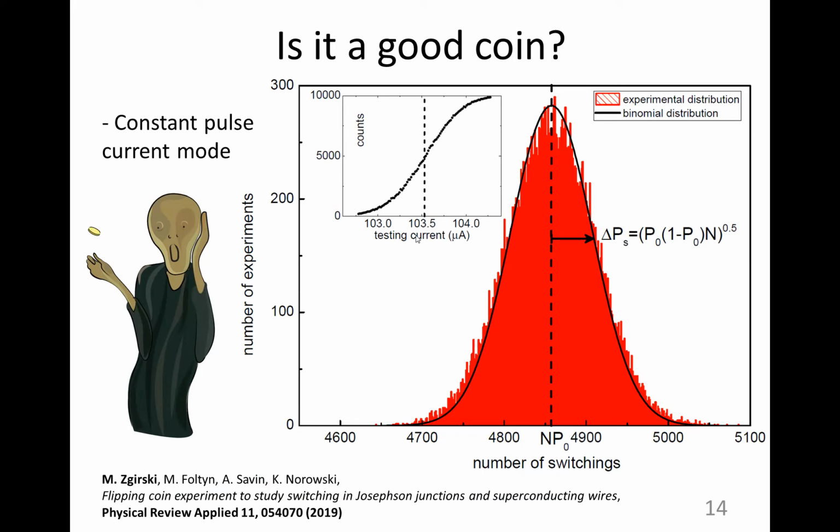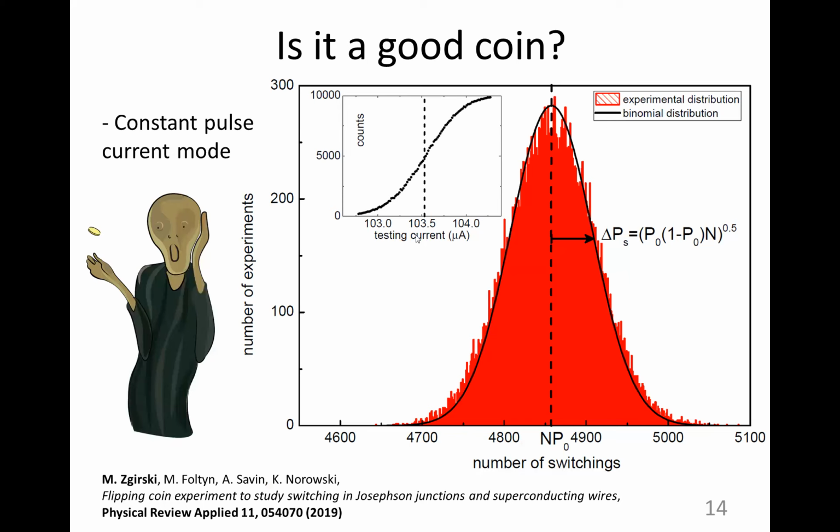So if you perform a histogram of such tosses, you toss your coin many times in a row and then repeat this pattern, you obtain a histogram.